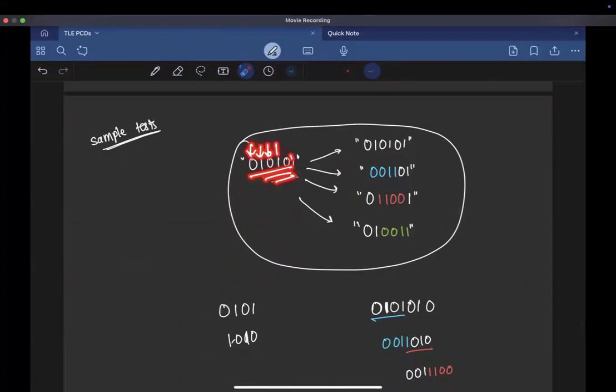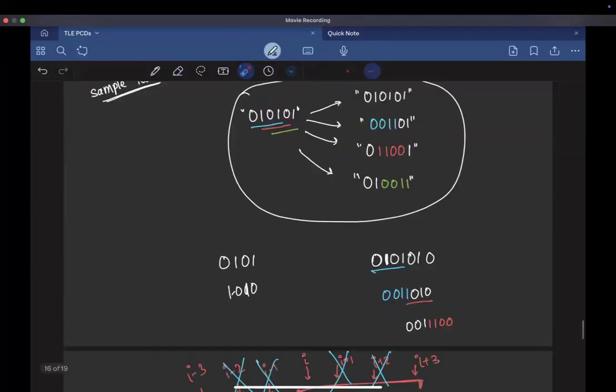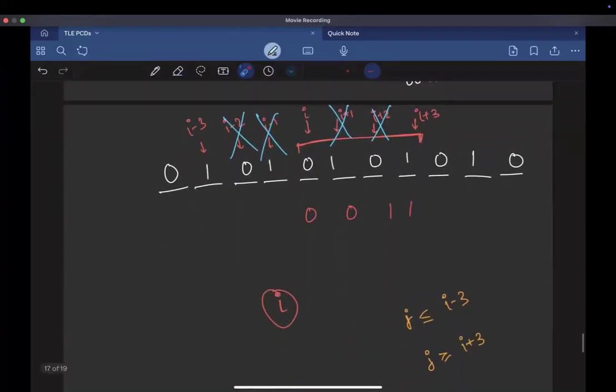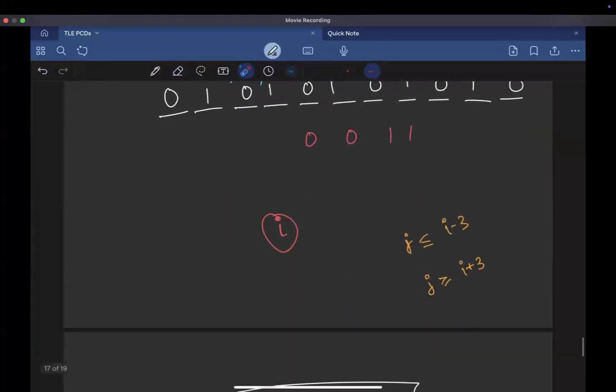But for index I, I can still apply an operation on I plus 3, even if I'm applying an operation on I. Both of these can coexist at the same time, but operations on I and I plus 1 cannot coexist. This was one idea that I had got.